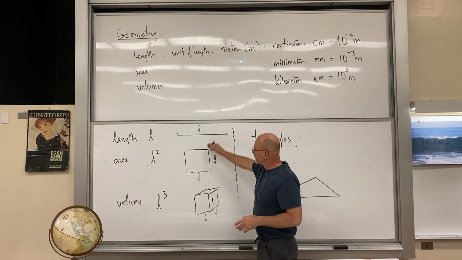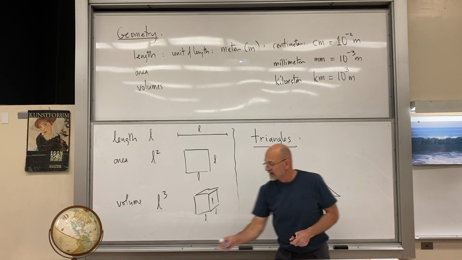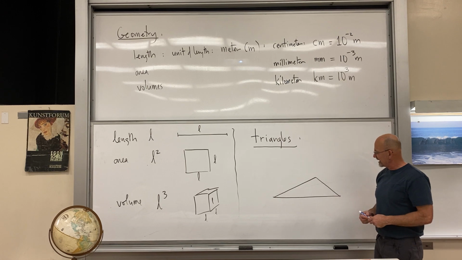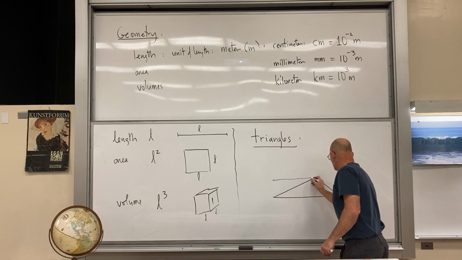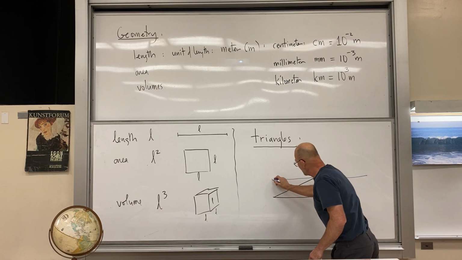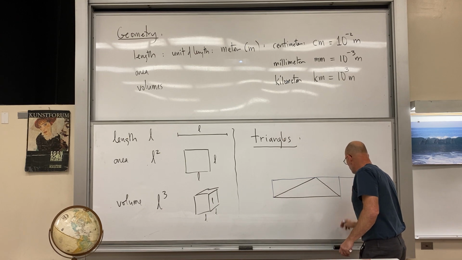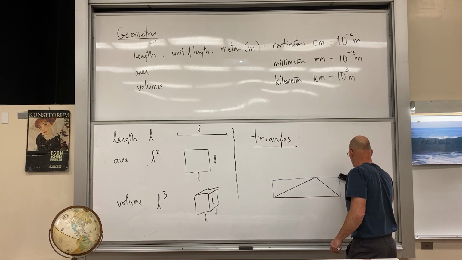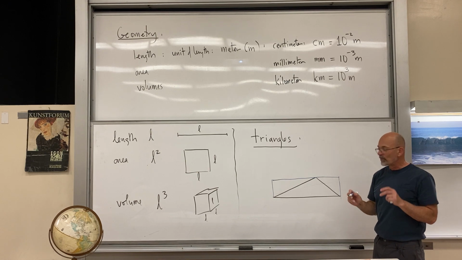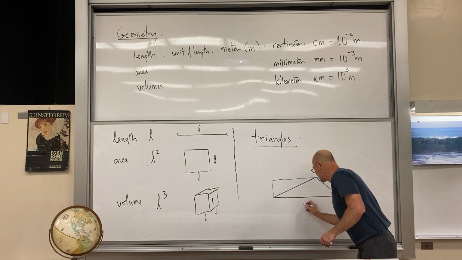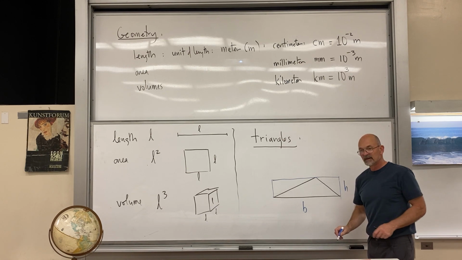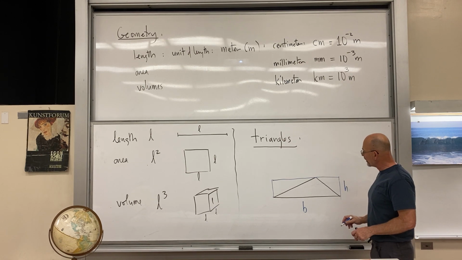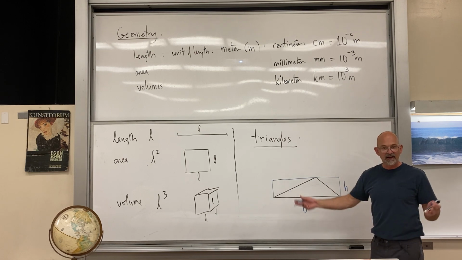Since we're talking about areas here, how about we talk about the area in this triangle? And what I'll do is draw a parallel line to the bottom here and first construct a rectangle. And for my rectangle, I have base and height. So the area of the rectangle is B times H. I think everyone will agree.